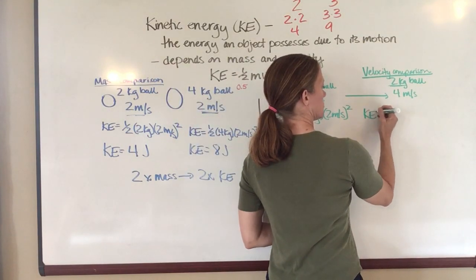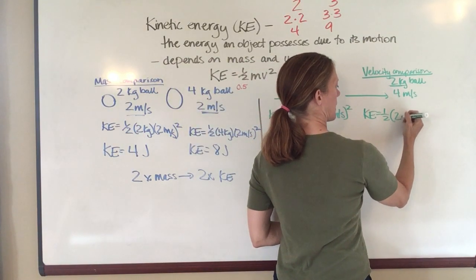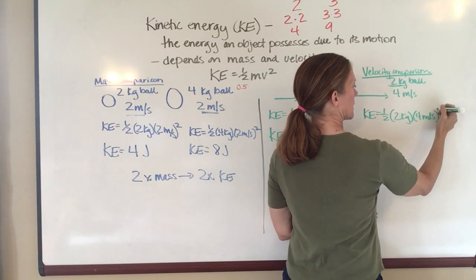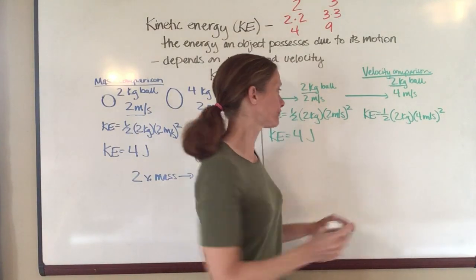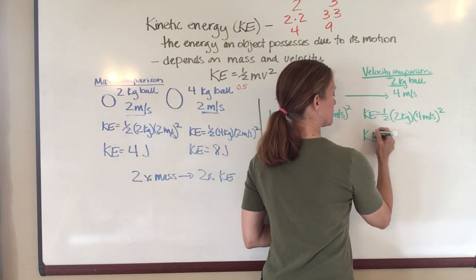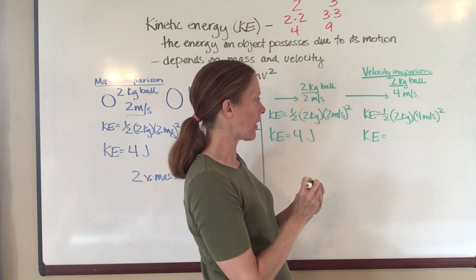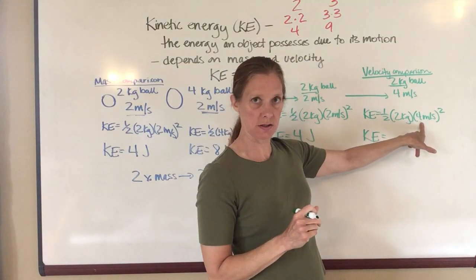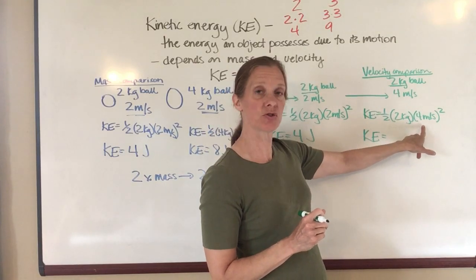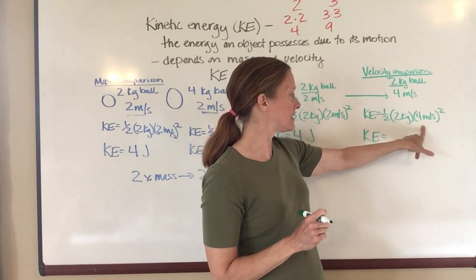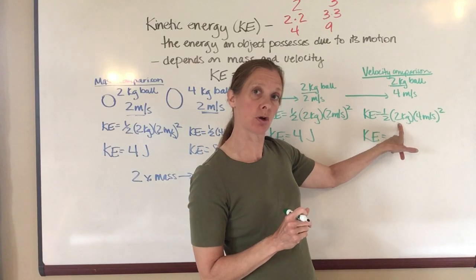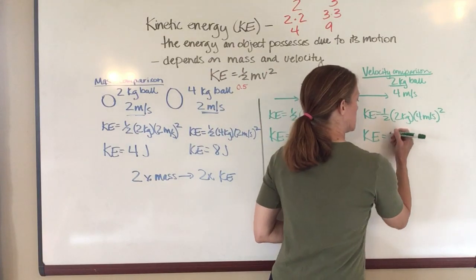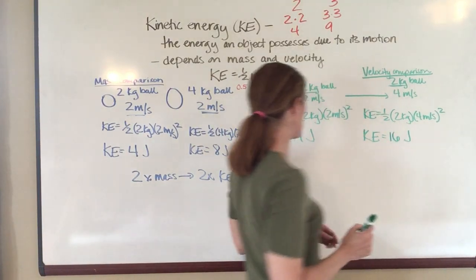Here, kinetic energy equals 1/2 times, I have a 2 kilogram ball, and it's moving at 4 meters per second, and I have to square that. If I square 4 meters per second, that's 4 times 4, which is 16. 16 times 2 is 32, and then if I take half of that, that is going to be 16 joules.